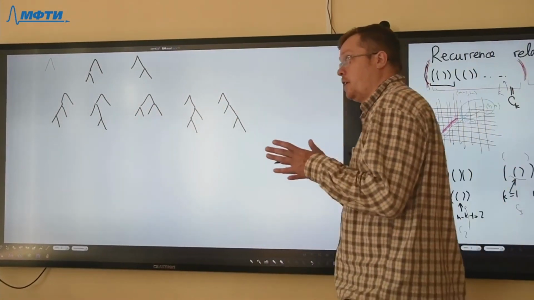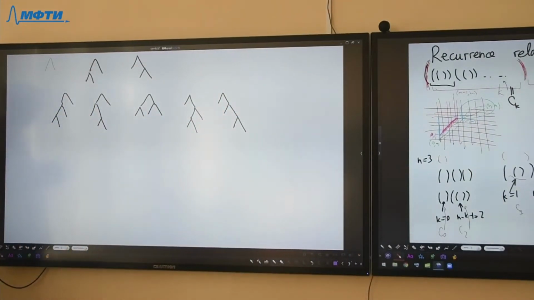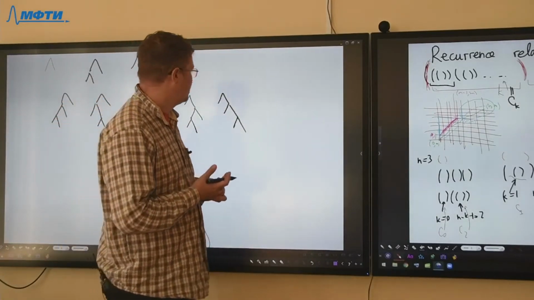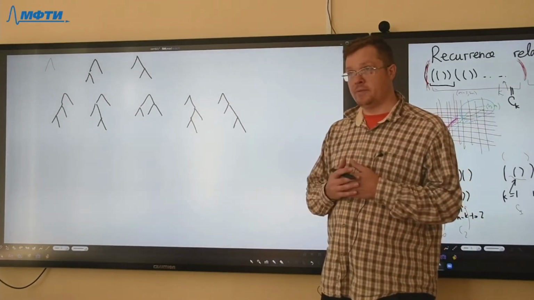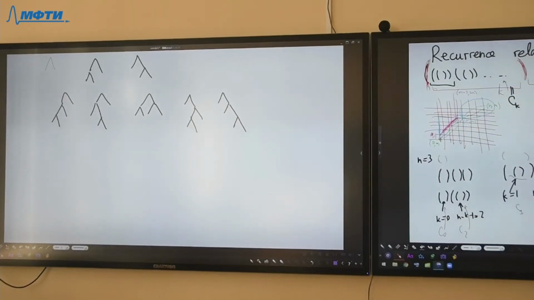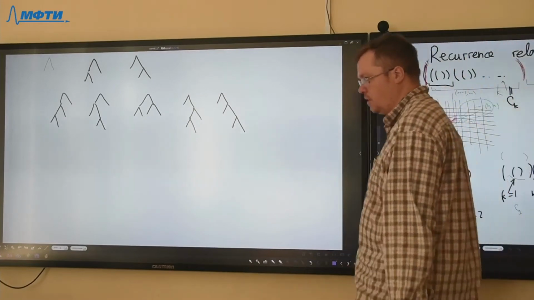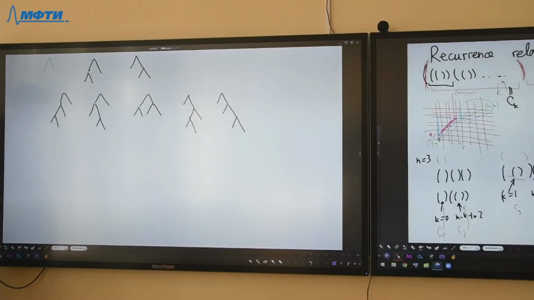We want to divide this picture. If we want to use the same idea, we need to divide these trees into two binary trees. And if we calculate the number of binary trees of these two separate parts, then we can calculate the recurrence relation. I can maybe draw some.